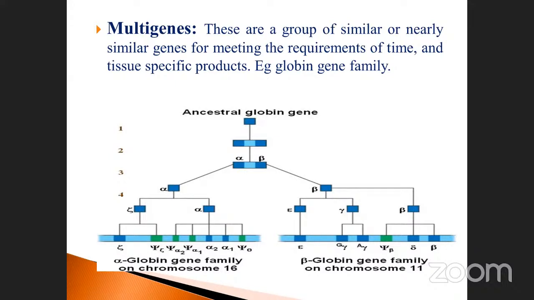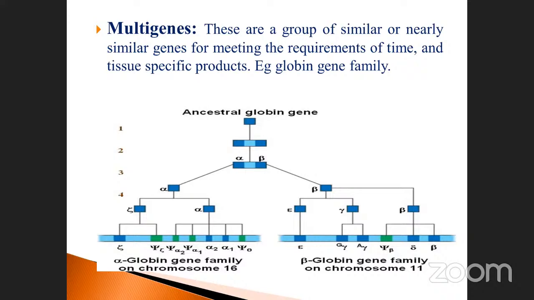In the second category, see the changes: there is a light blue in between. The next ones are alpha and beta. Alpha divided into two on this side, and again there is another symbol here. The alpha again divided into psi zeta, psi alpha 2, psi alpha 1, alpha 2, like this.